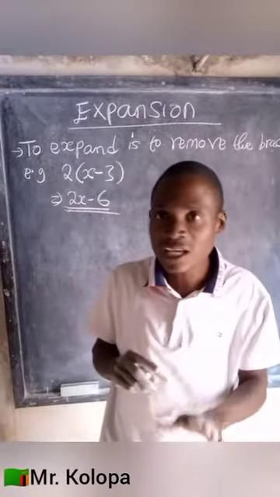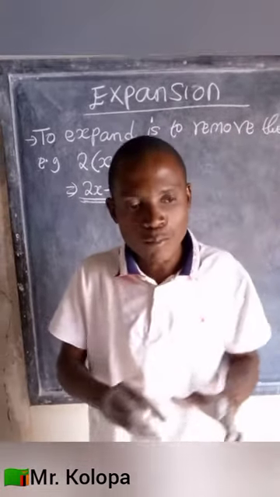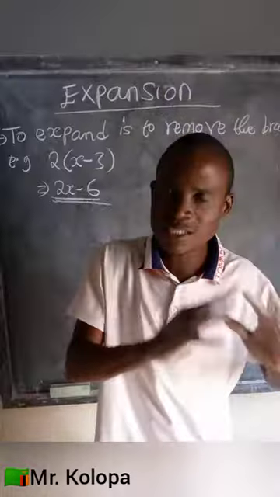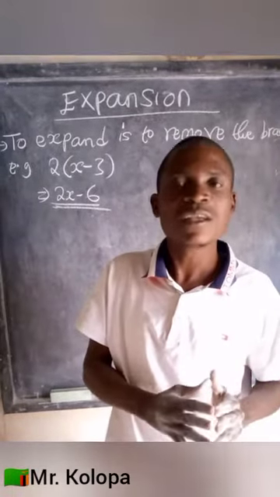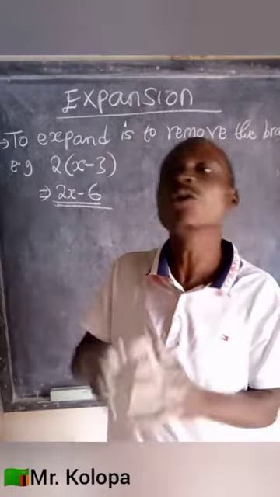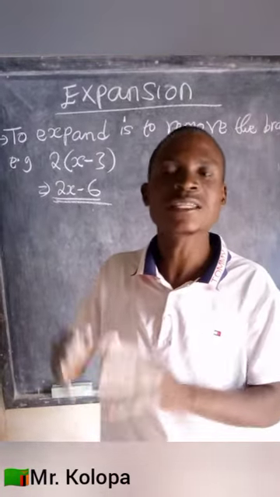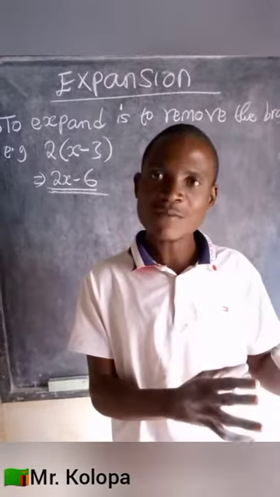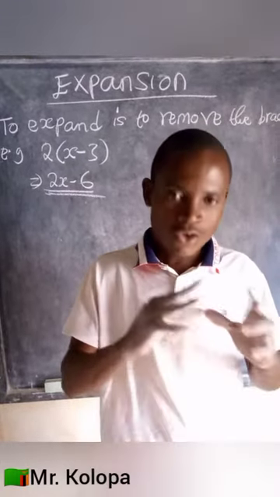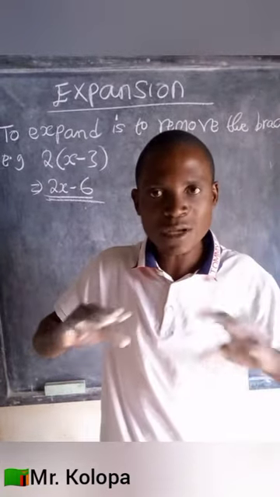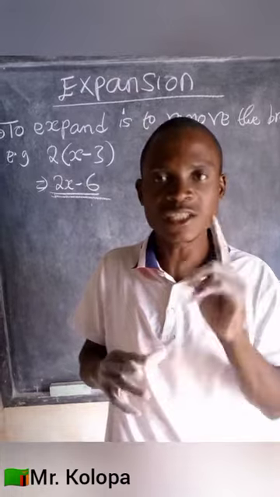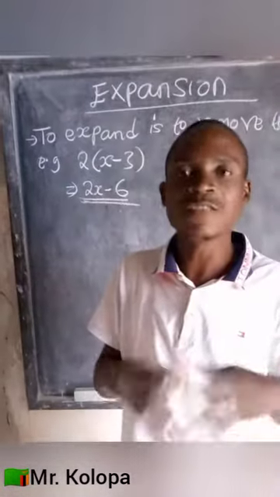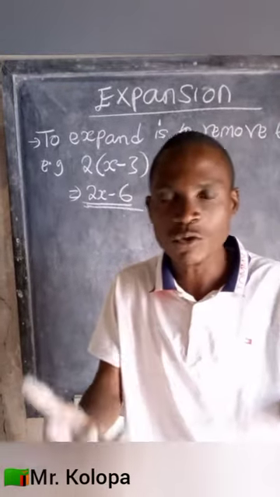We remove the brackets by multiplying the number outside by all the terms that are inside the what? The brackets. You multiply the number outside the brackets with all the terms inside the brackets, and you have expanded. Or you may just have the sign, a positive or a negative.